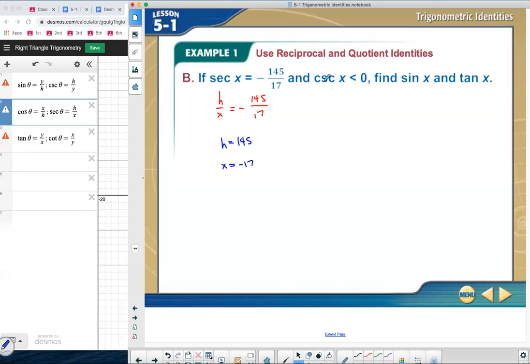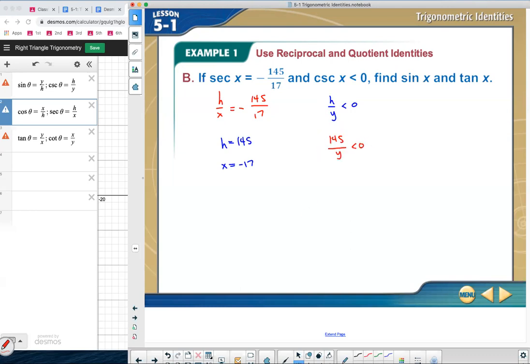Now this is telling us something else that's important. It's telling us, cosecant, that h over y is less than 0. We know h is 145. Let me put that in there.